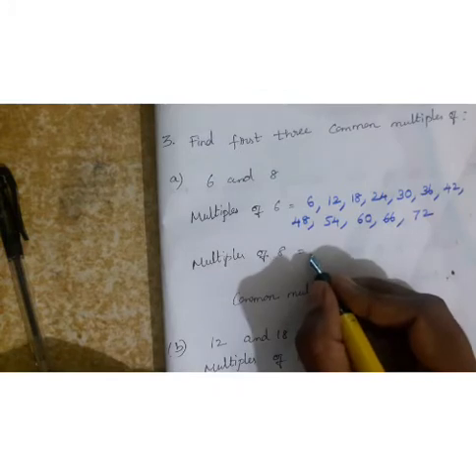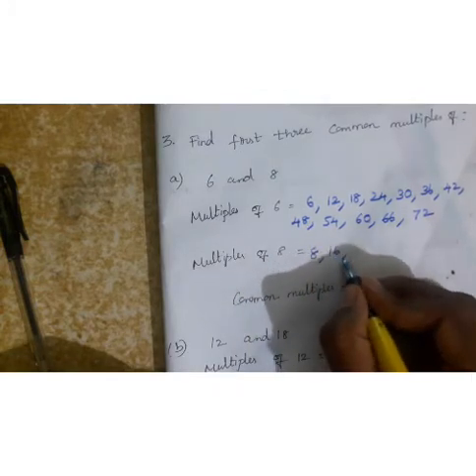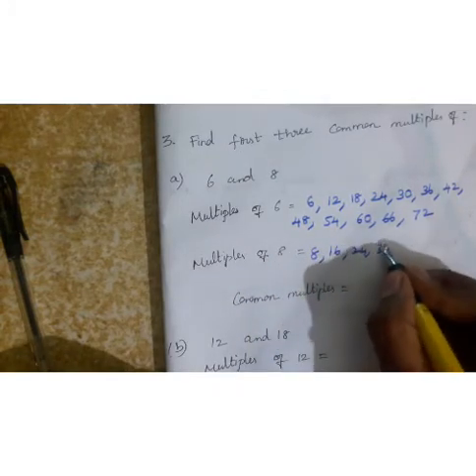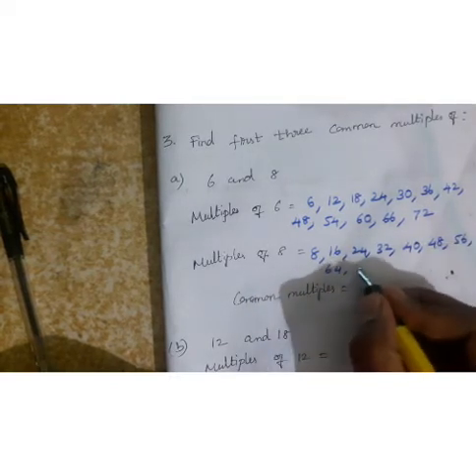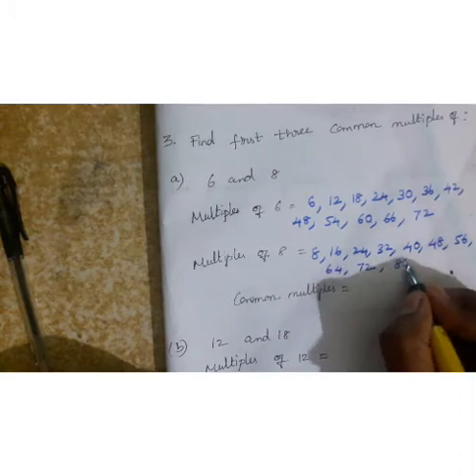Multiples of 8 equal to 8, 16, 24, 32, 40, 48, 56, 64, 72, 80.